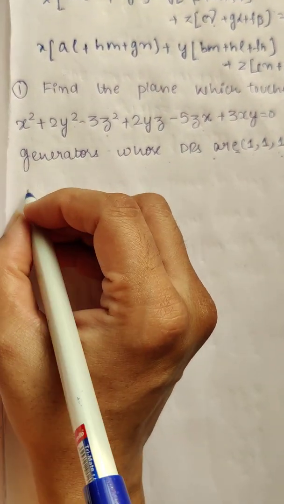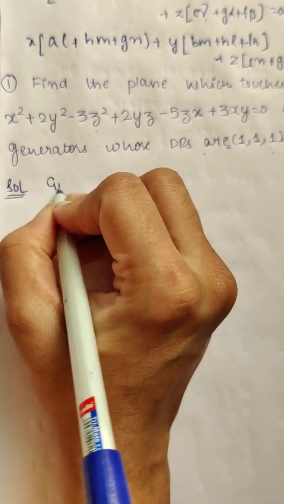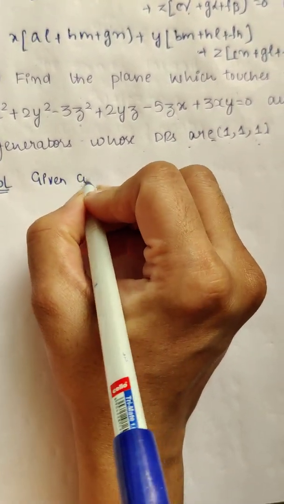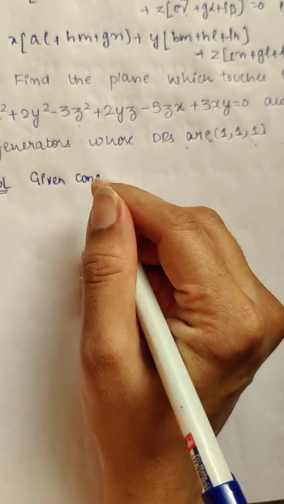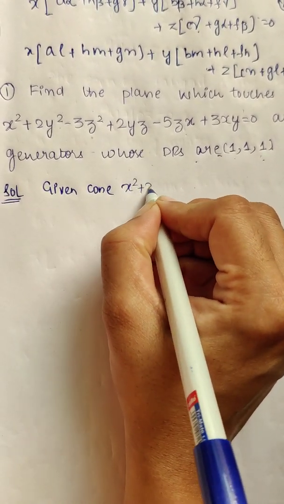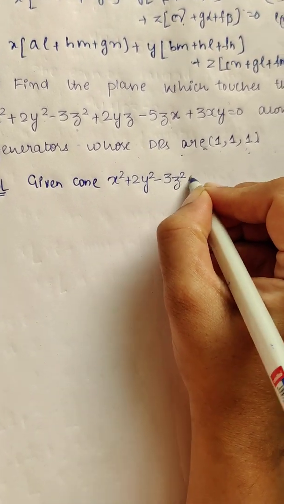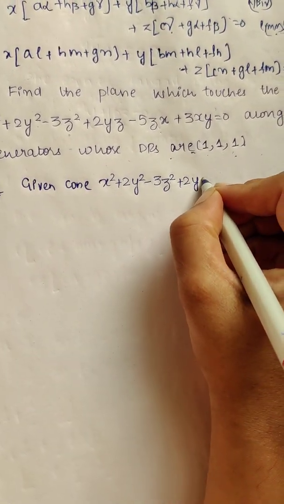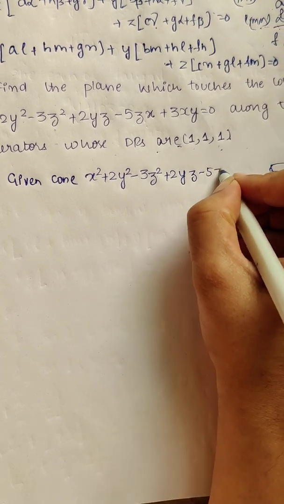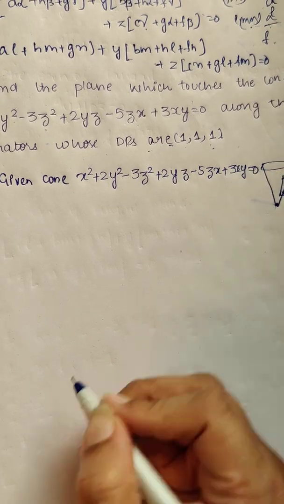First I write down what is given. The given cone is x² + 2y² − 3z² + 2yz − 5zx + 3xy = 0.